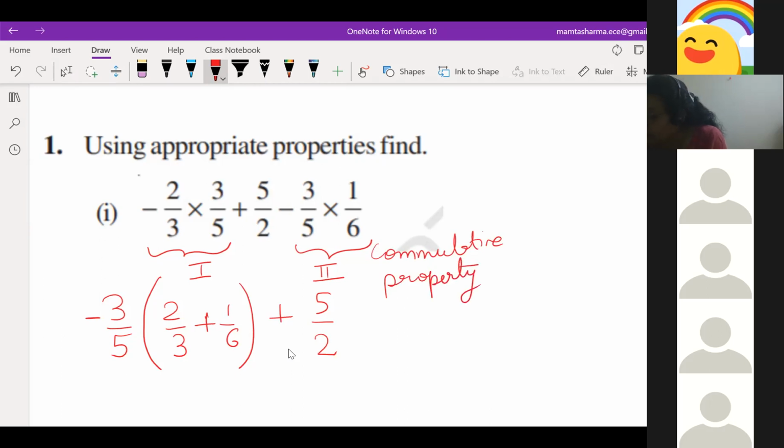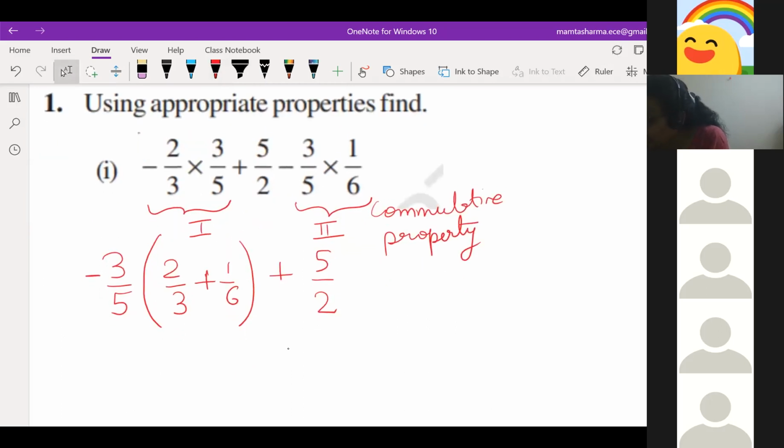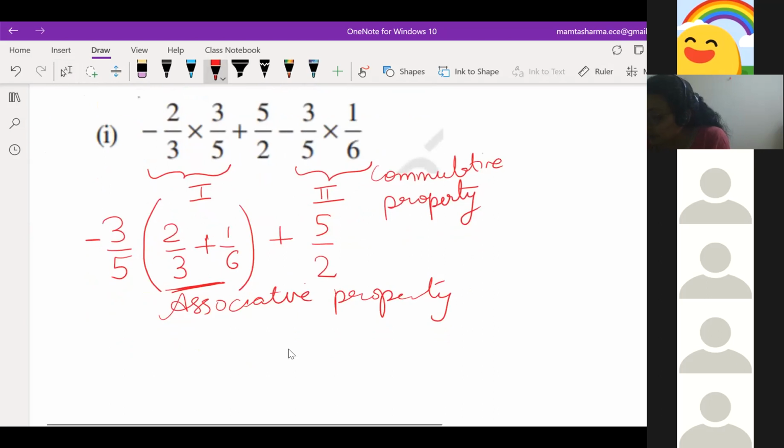Now I will use the associative property, because here we have done grouping. Grouping means which property will be applicable? Associative property. Now use the associative property and solve it. 2 by 3 plus 1 by 6 would be?